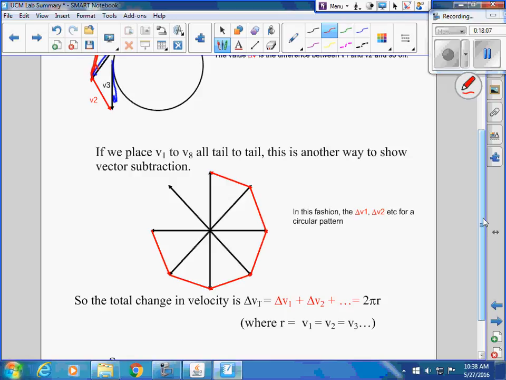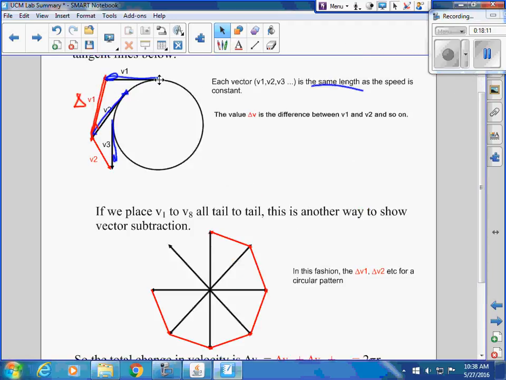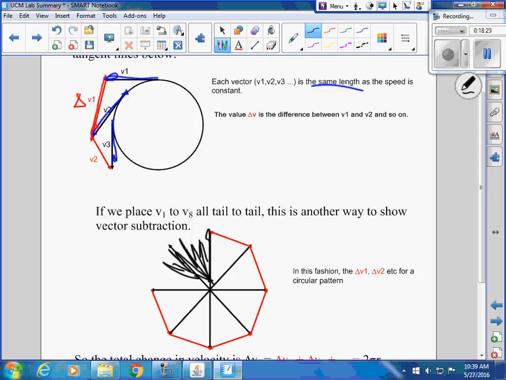And remember, do they only exist at 12 o'clock and 10 o'clock and 9 o'clock and so on? No, they exist at every point along the circle, right? So really, I could have an entire black circle of vectors. I just choose not to. So if we place v1 to v8 all tail to tail, in this fashion the delta v1, delta v2, etc., form a circular pattern.